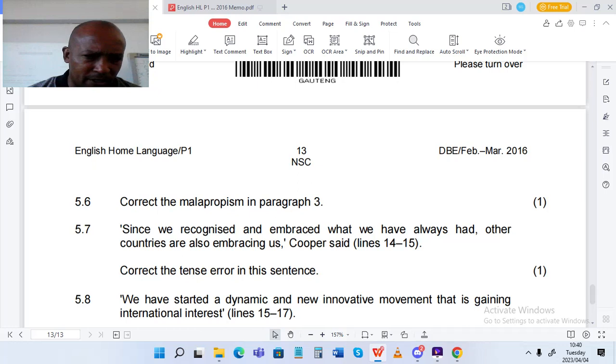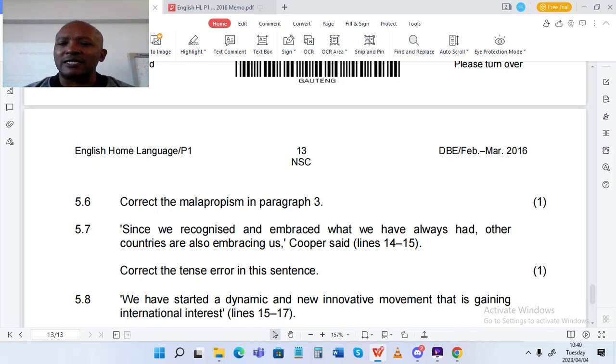Other countries are also embracing us. Since we recognized and embraced what we have always had, other countries are also embracing us. I don't think that's a problem there because it says since we have done this, they are now in the present with us.